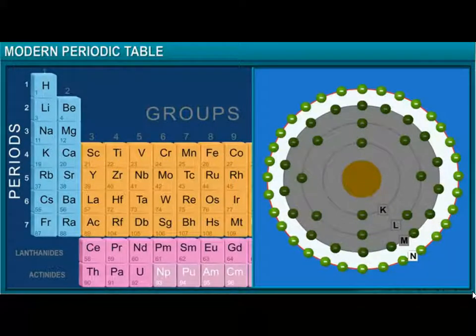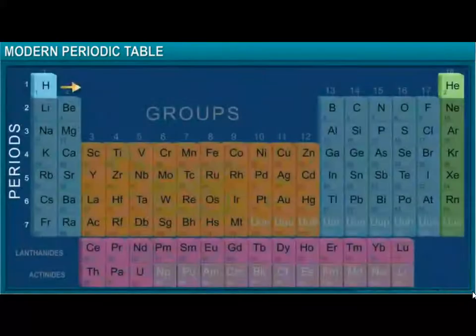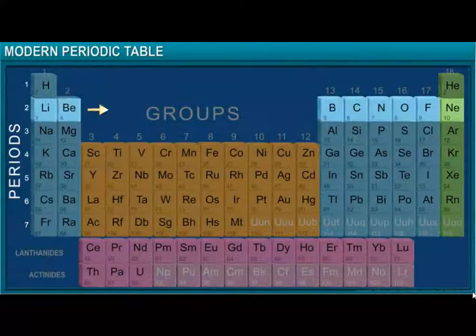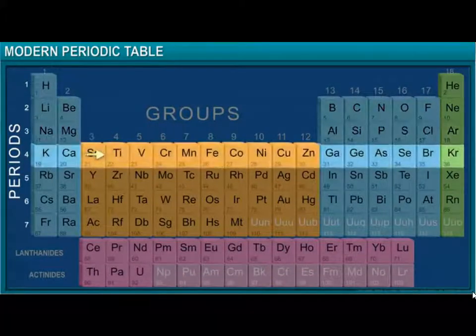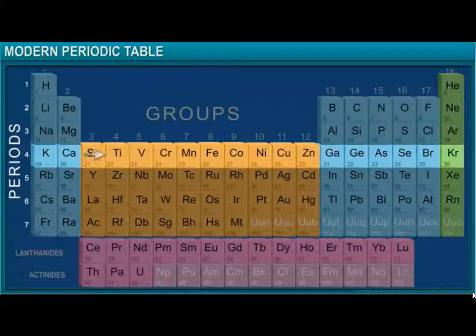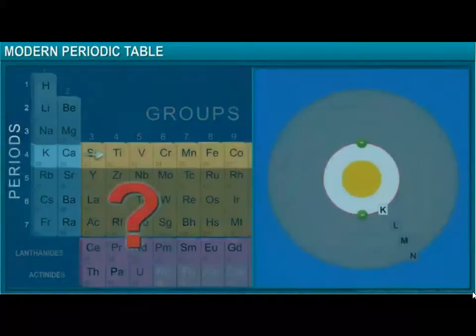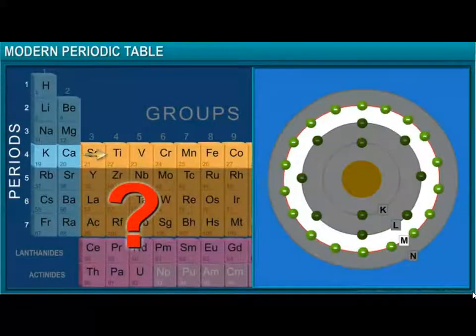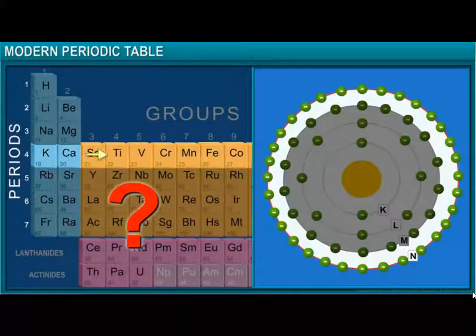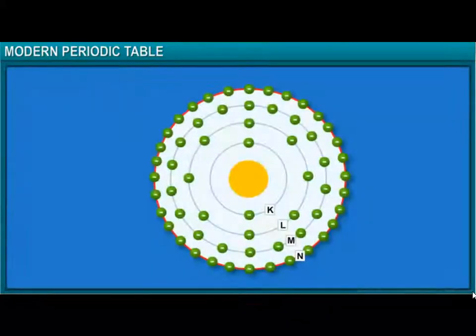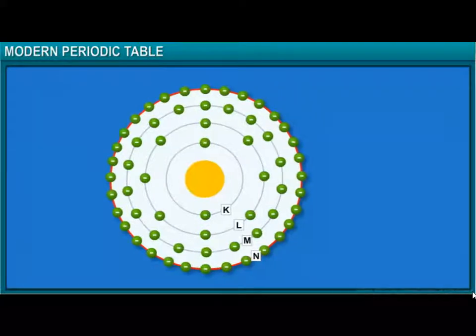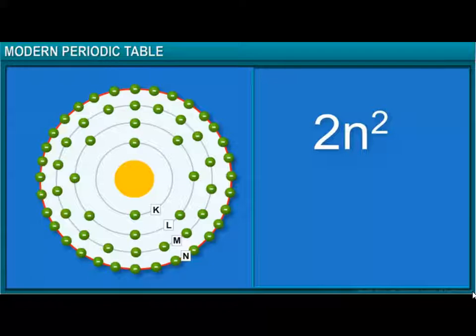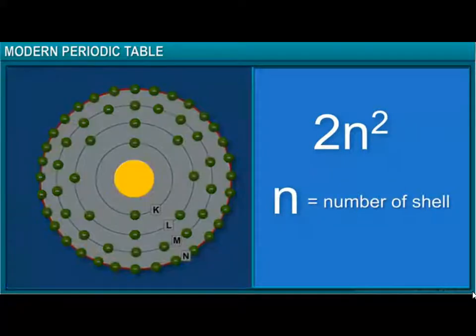Let us see how many elements are present in different periods, for example, first, second, third, and fourth periods. This can be explained on the basis of how many electrons are filled in various shells. We know that the maximum number of electrons that can be accommodated in a shell is given by 2n raised to the power of 2, where n is the number of the given shell from the nucleus.